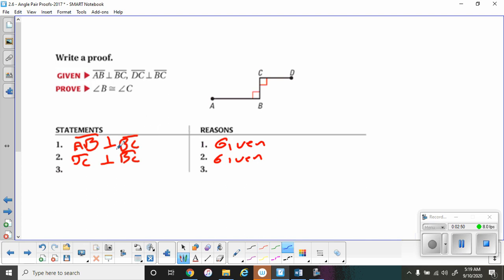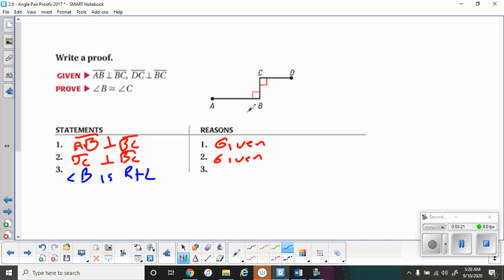Okay, what does it mean to be perpendicular? If 2 segments are perpendicular, that means there's a right angle right there. So number 3, we need to say that angle B is a right angle. And why is angle B a right angle? Some people put definition of perpendicular right here. What I like to do is put what the picture shows me.